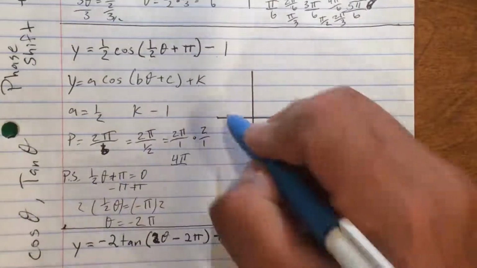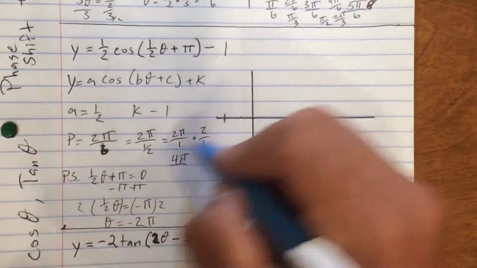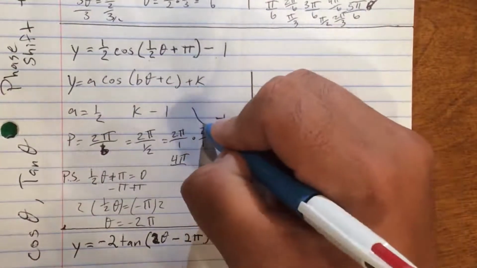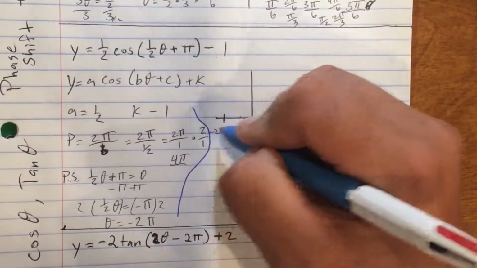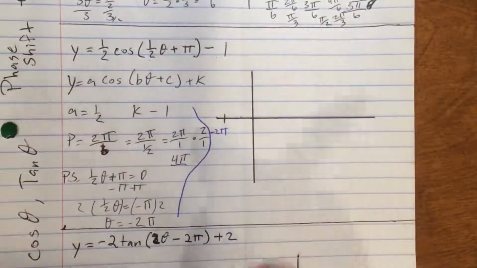So we're going to move over, just in a different color because I want to differentiate this. So it's going to be -2 pi. Hope you guys can see that this is blue.